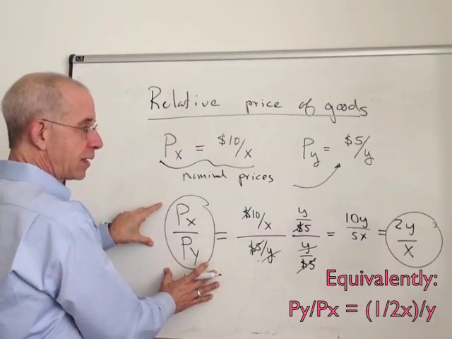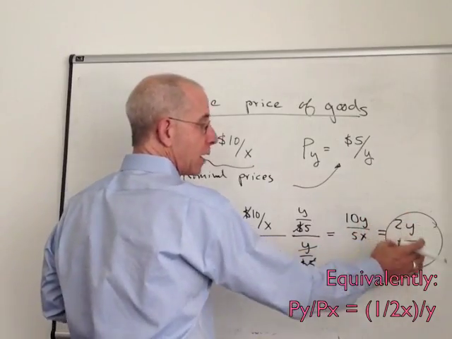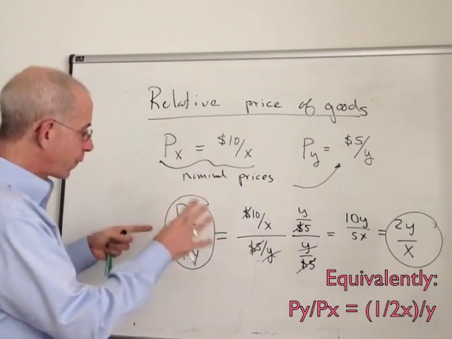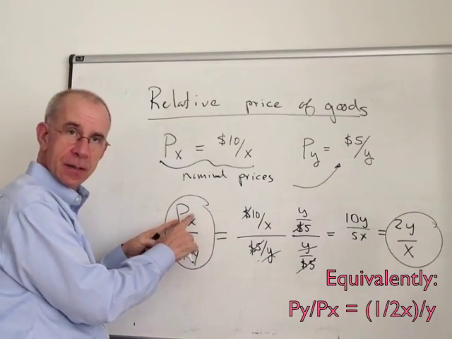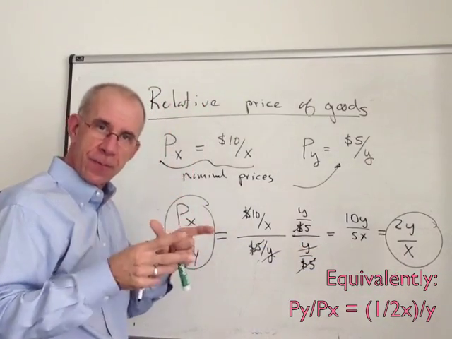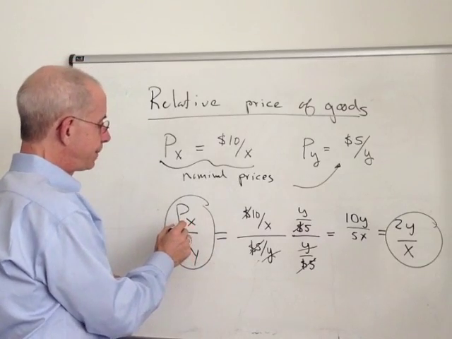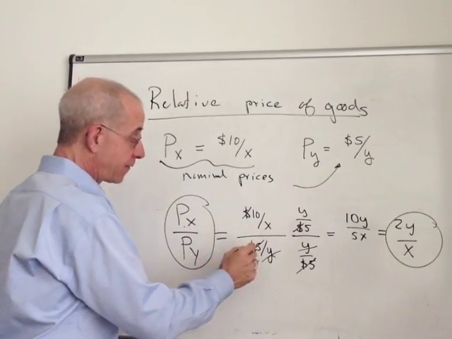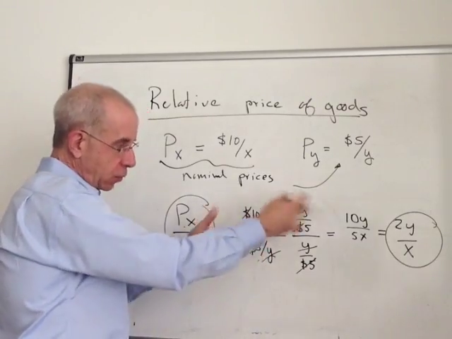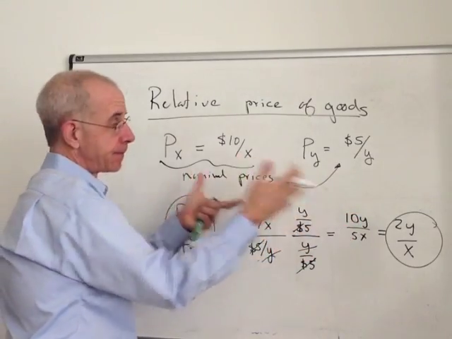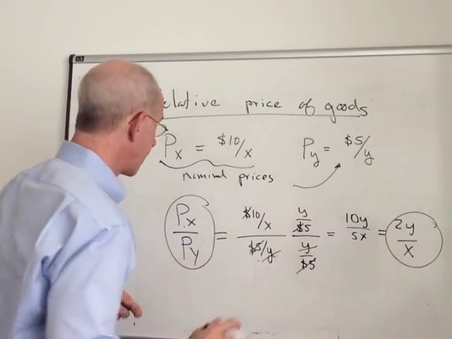The relative price of X is 2Y for every X. Now sometimes people get freaked out because they see the X in the numerator here and it's in the denominator over here and they want to flip it. But remember, the PX is $10 per X, PY is $5 per Y. So if you go through this manipulation, you get the expression just as we had expected.